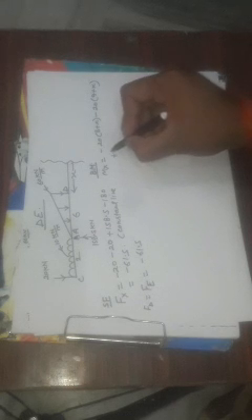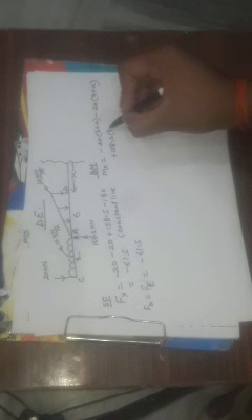Now calculate the bending moment value. Mx for this portion will be minus 20 into 8 plus x, minus 20 into 7 plus x, plus 158.5 into 6 plus x.